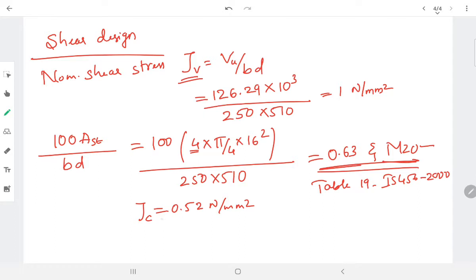So here tau C we have got 0.52, where tau V is more than that. So it is unsafe. Tau C is less than tau V. Then we need to provide shear reinforcement.